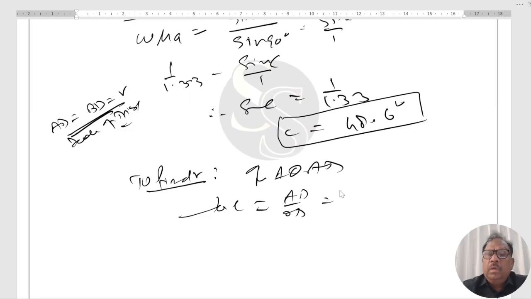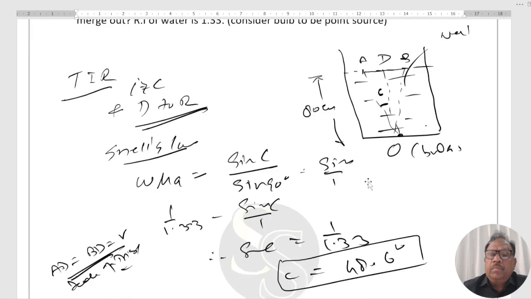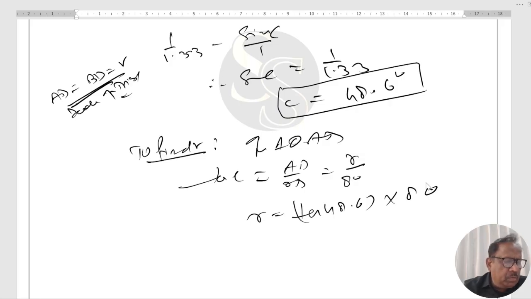That is, AD is R, upon OD, that is 80. R will come out to be tan 48.6 into 80. R comes out to be, on simplification, 90 something.